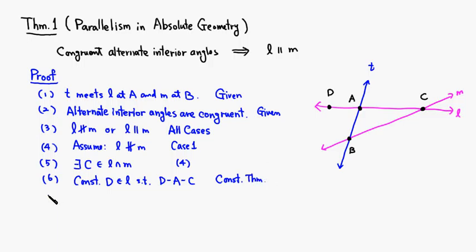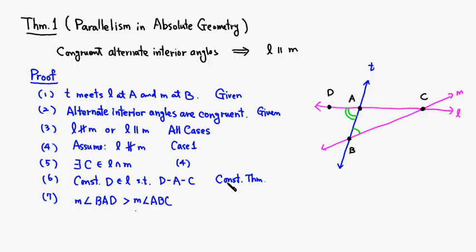Then, number 7. We know that the measure of the angle BAD, which is the exterior angle, so we're looking at this angle right here, is going to be larger than the opposite interior angle. So this is going to be larger than the measure of angle ABC.